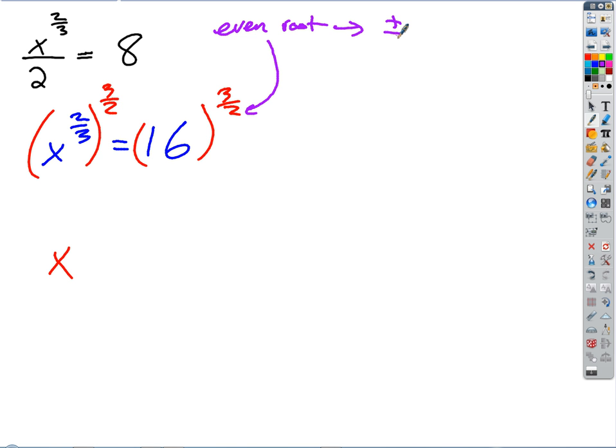So I'm gonna get the square root of 16 gives me plus or minus 4 cubed is plus or minus 64. Make sense?